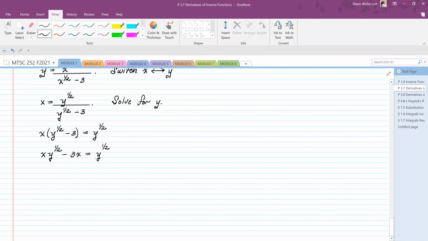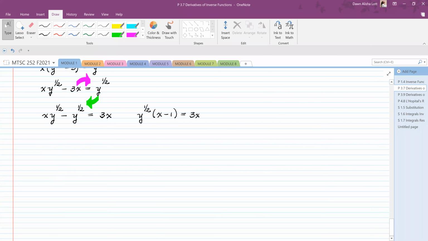And then this term needs to move over there, and this term needs to move over there. So I'm going to get x times y to the 1/2 power, subtract y to the 1/2 power, and add 3x to both sides. So now I can factor out y to the 1/2 power, and I'm going to get x minus 1 is equal to 3x.